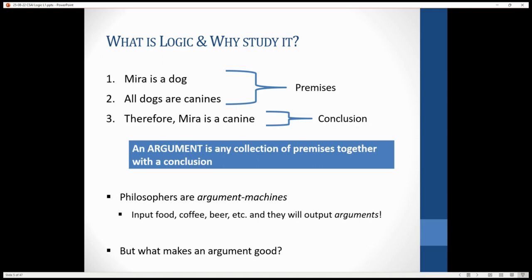Note the "any collection." So here's a fun question. What's the minimum number of premises I need for an argument? Anybody want to bid lower? 0, right? We can have a 0 premise argument. We could just have a conclusion. Mira's a canine.